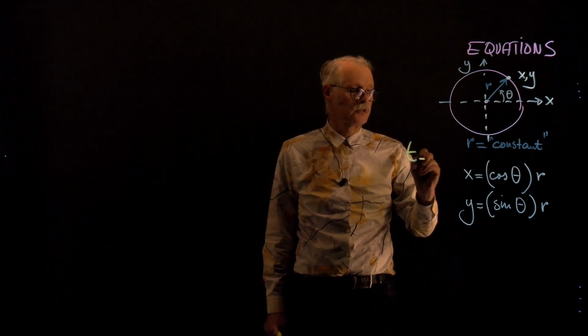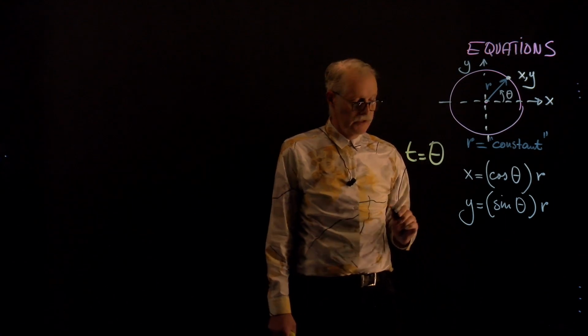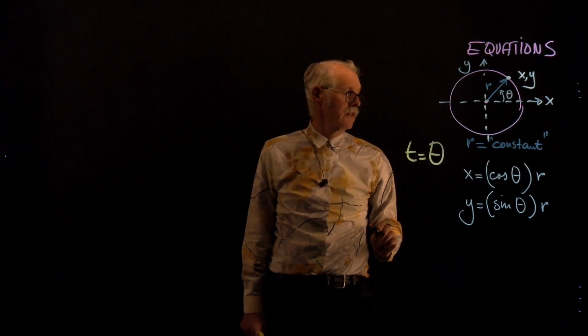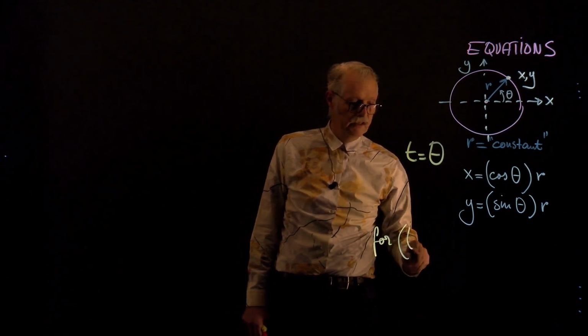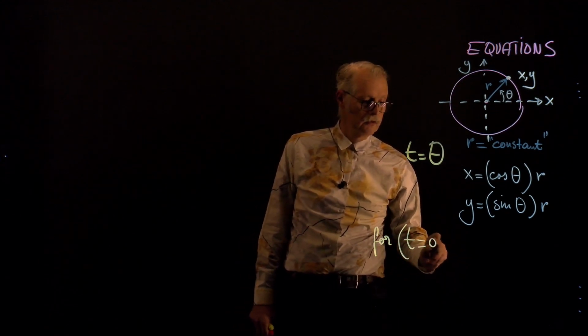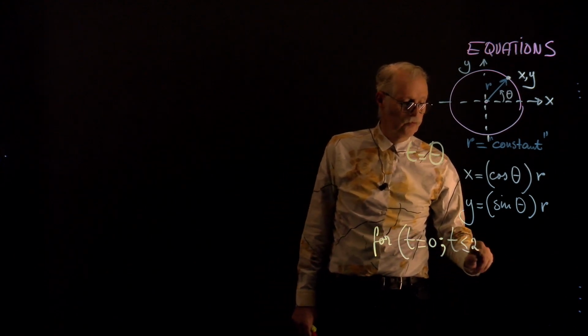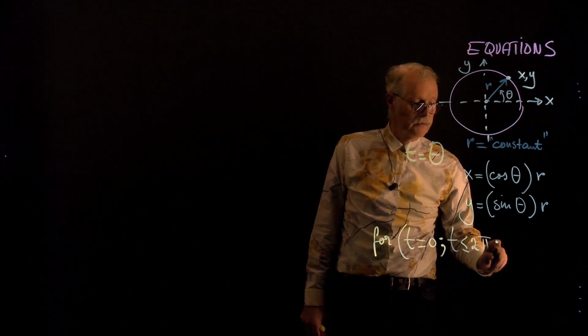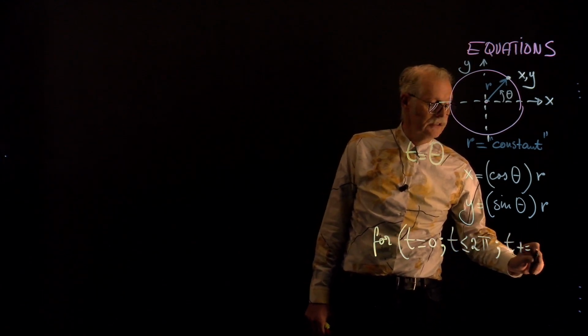So I would introduce time as being essentially the same as this theta, which means I would create programs like a for loop for t being initialized at 0, proceeding until t less than 2 pi, and t being incremented in small steps, say dt.